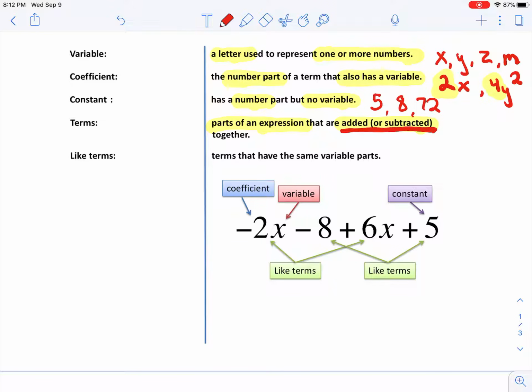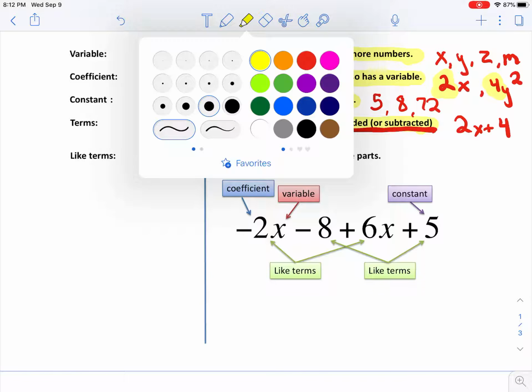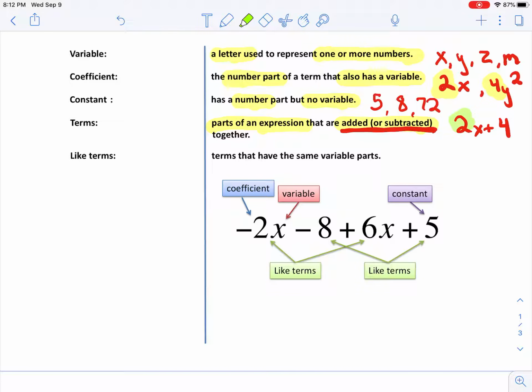So, for example, if we have 2x plus 4, there are two terms here. One term, I'll try and highlight in a different color, is the 2x, and another term is the 4. Notice the 4 is positive, so if we were to list out the terms in this one, it would be 2x and 4. The plus sign goes with the next value.